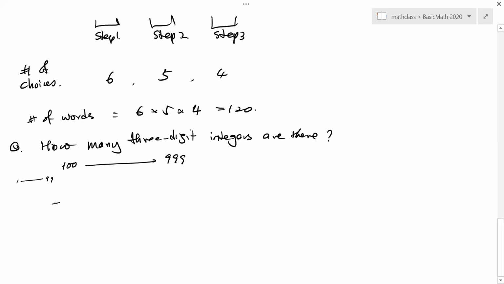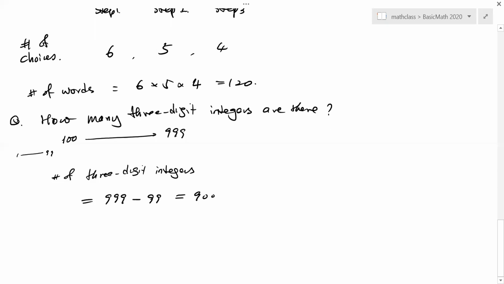So the number of 3-digit integers is going to be 999 minus 99. Cannot minus 100. If minus 100, it's wrong, right? Minus the number before 100. Okay. So this is going to be 900. So there are 900 3-digit integers there. That is the way we count them directly right now.